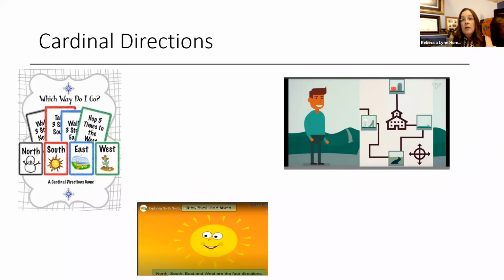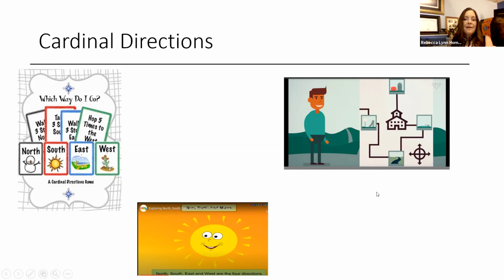North of the school is the farm where his grandparents lived, and south of the school is the zoo, and east of the school is the ocean, and west of the school is the playground. And so when we leave school and we're talking about which way we're going, we might say that home is north. We're going to travel north on Route 15 to get home, or we're going to travel south on Route 895 when we go to the zoo, or we're going to travel west when we go to the park. All of those things, incorporating those terms into our travel.